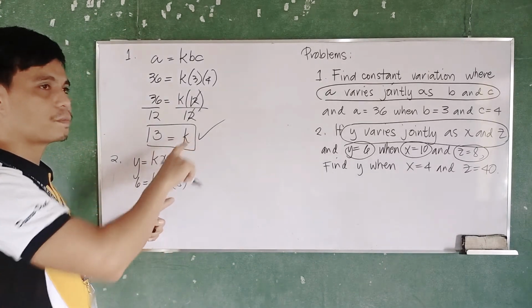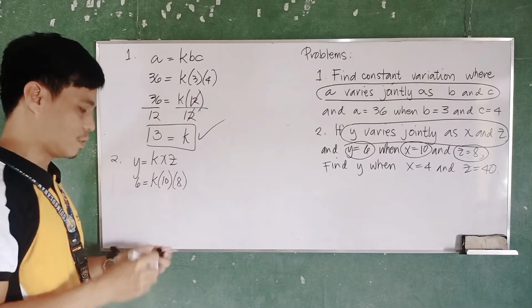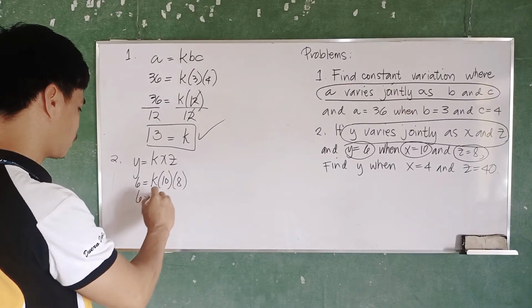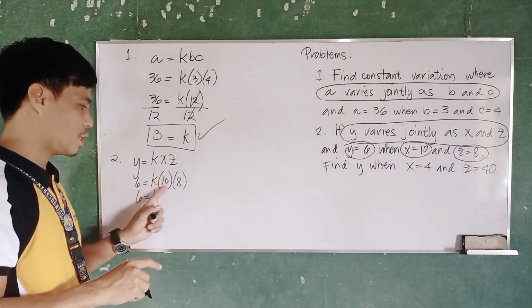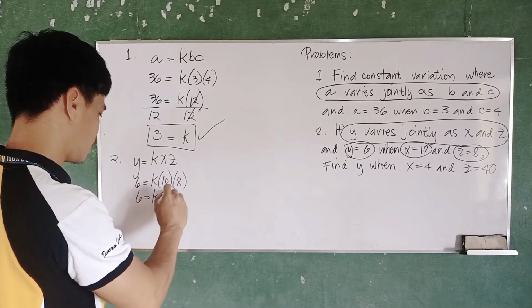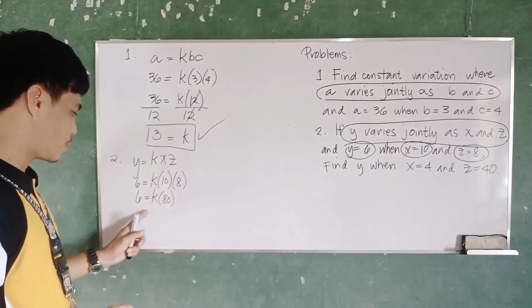So like we have done a while ago, we follow the same process. So we have to multiply this one. So we have 6 is equal to, okay, 8 multiplied by 10 is 80. So therefore this is 80k. What we have to do next is to find the value of your k.